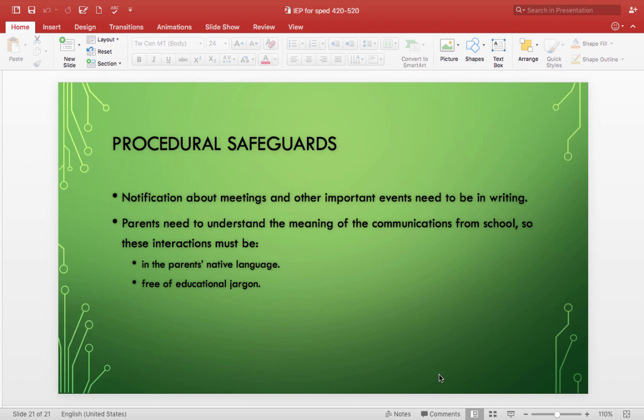And again, those procedural safeguards, one other thing that I haven't mentioned, and I'm glad I saw it right here. It's a little out of place, but we have to give notification 10 school days about meetings and other important events, and it needs to be in writing. Unless the parents say, let's go ahead and hold that meeting, we have to give them 10 days.